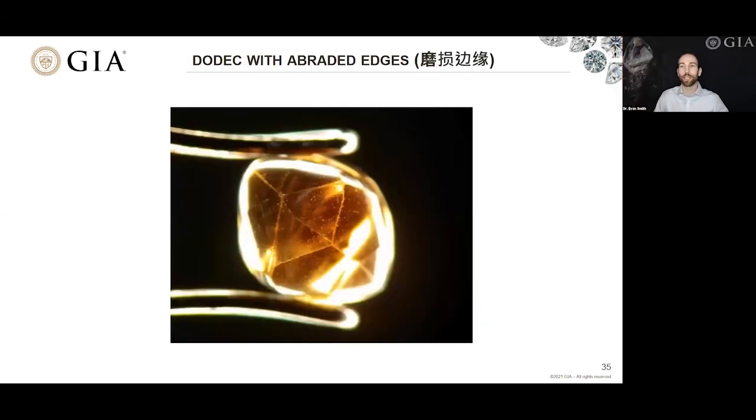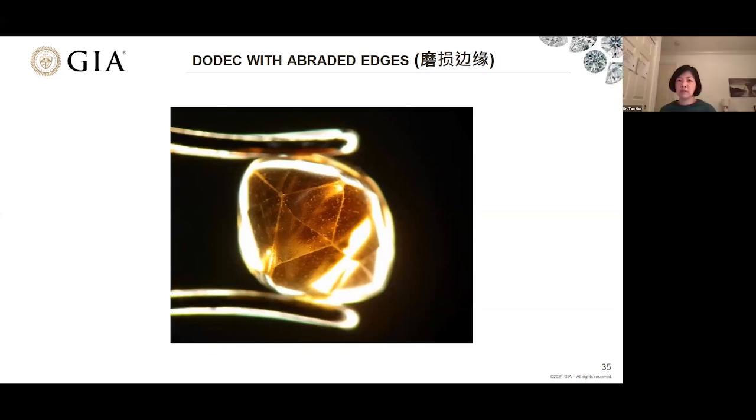This rounded dodecahedron comes from an alluvial deposit, and the action of being washed down a river has caused its corners and edges to be abraded and worn away. 这颗晶体是从钻石的次生矿里找出来的，很明显，您看它现在指的角顶和边的部分都被磨掉了，发白了，角也不那么尖锐了，这就是河流搬运造成的。Next one.